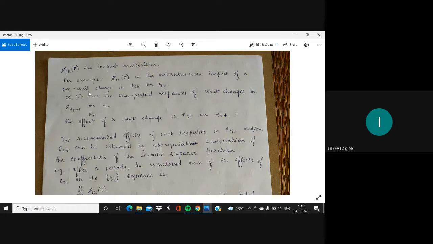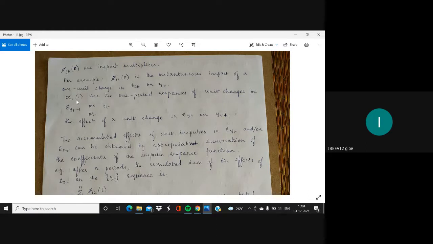Here we are discussing it in terms of a 1 unit change in epsilon zt. What impact does it have on yt? That will be revealed by this coefficient phi 12 with 0 in brackets. So we'll understand the impact of a shock to epsilon zt on yt in the same time period, in time period t itself.